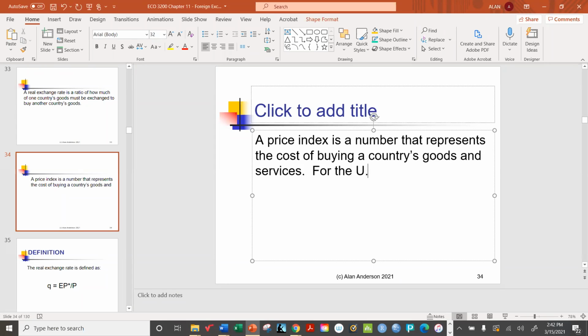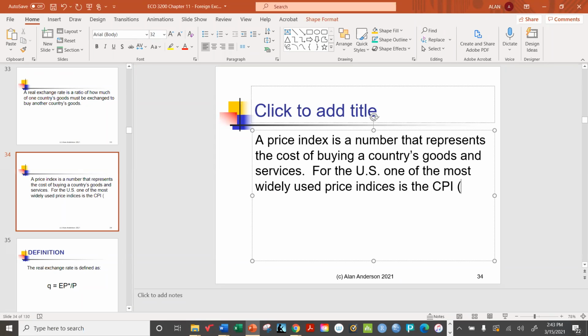For the US, one of the more popular or widely used price indices is the CPI, which stands for Consumer Price Index. Okay, so if you've had a macro class, you already know about this.